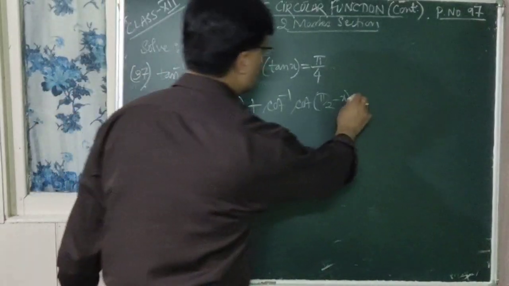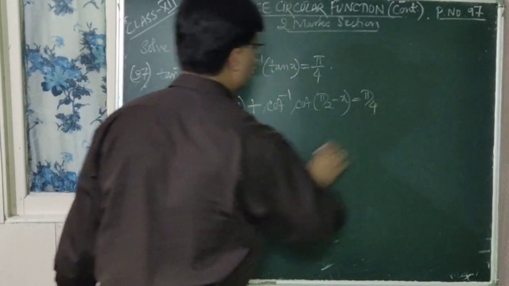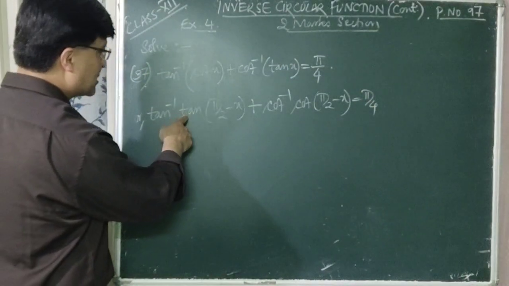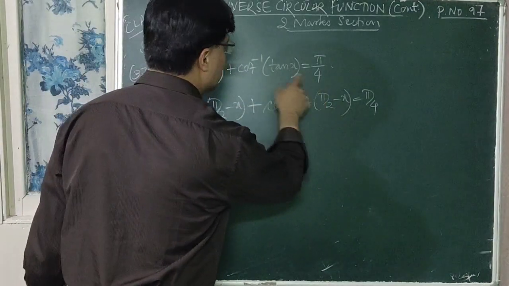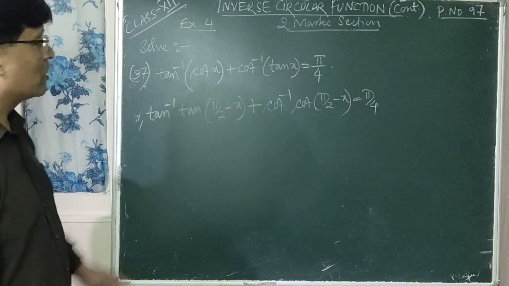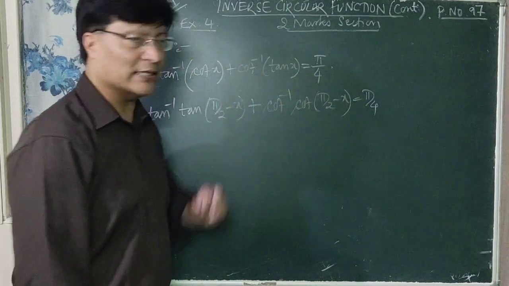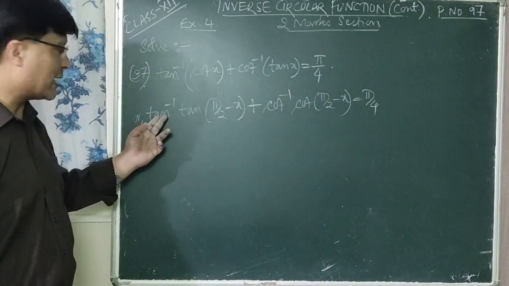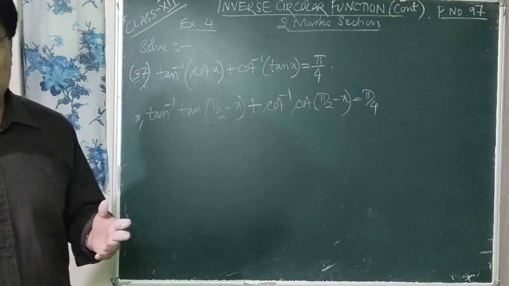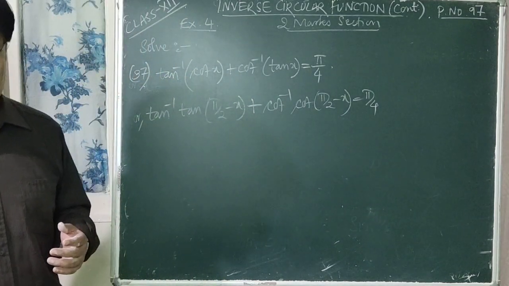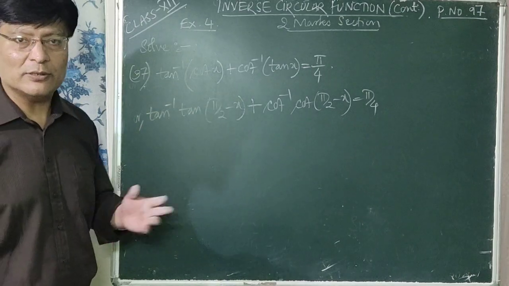So which is equal to pi by 4. Now in this case, tan 90 minus x is cot x. In this case, cot 90 minus x is tan x. So that you can cancel this tan inverse tan. Here also cot inverse cot gets cancelled. That is, tan inverse tan x is equal to x, and cot inverse cot x is also x.